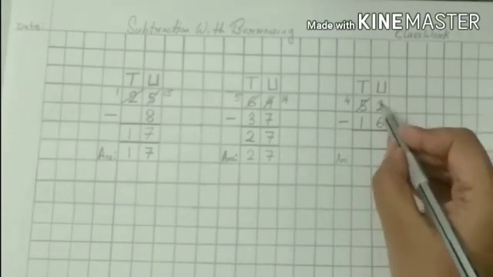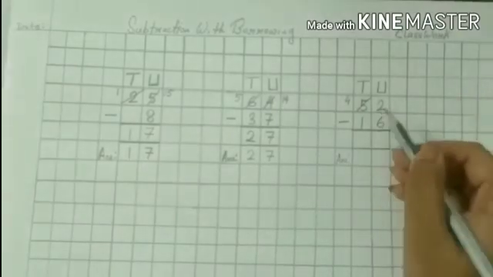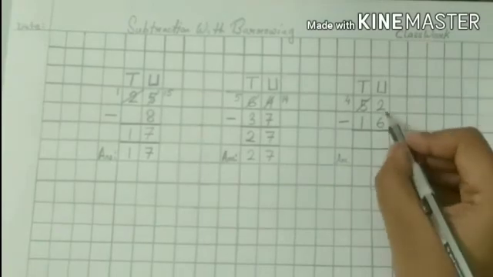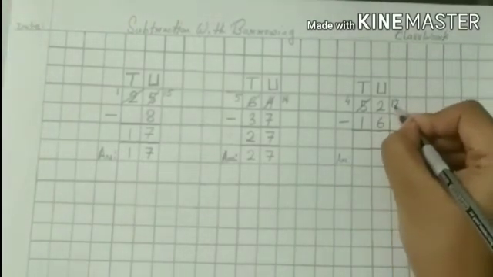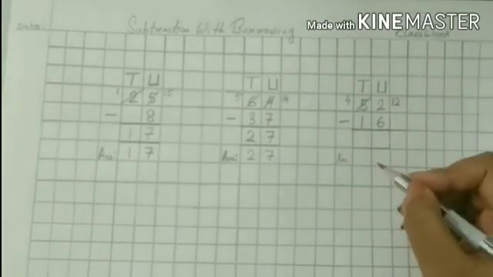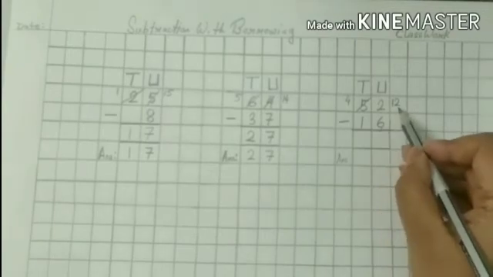So in the units column I have 2 units already. With that I am adding 10. So 10 plus 2 units is equal to 12. Right? So now I can subtract 6 from 12.